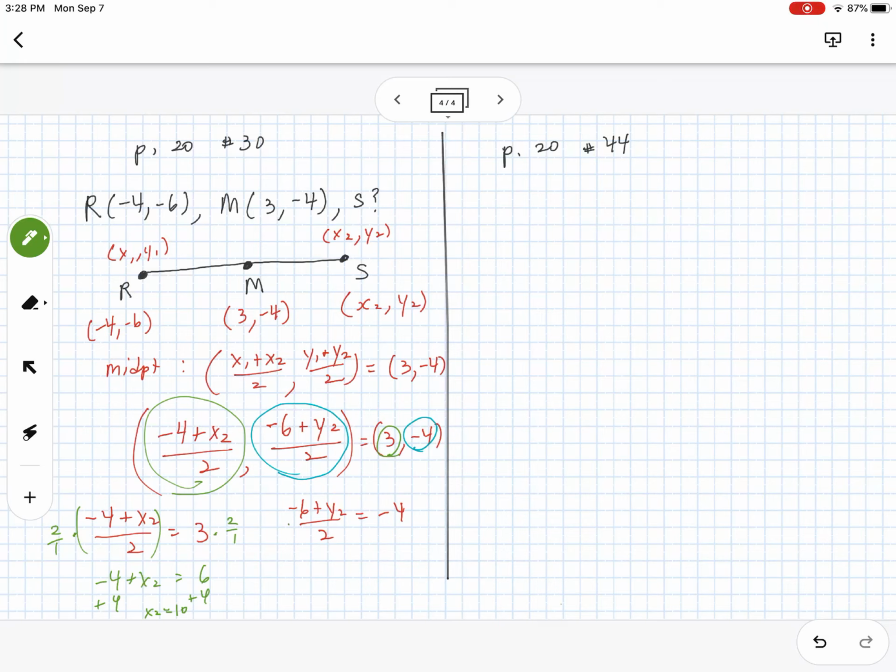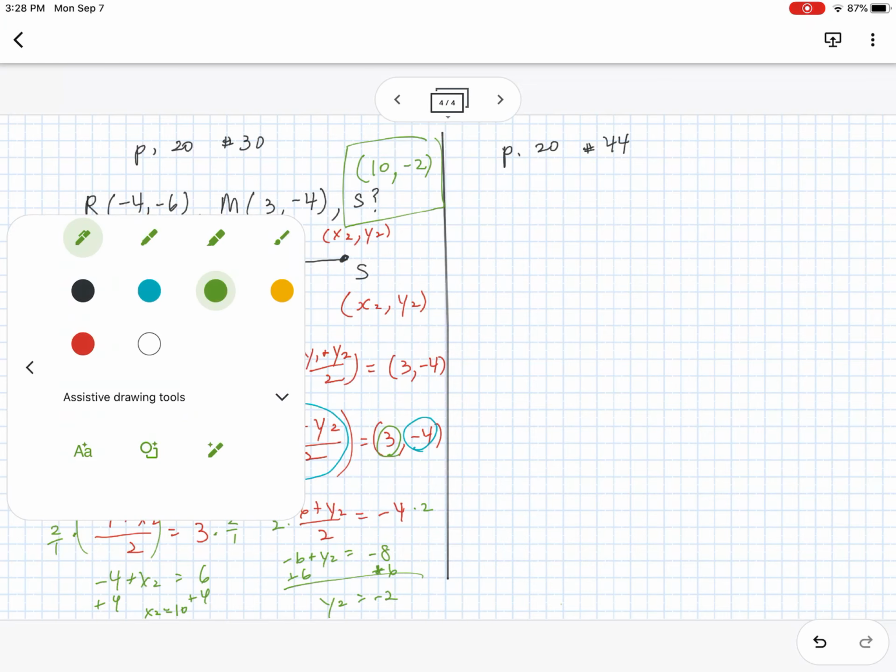And then same thing, multiply by 2. So negative 6 plus y2 equals negative 8. Add 6, and so y2 equals negative 2. Okay, so my x2 and y2 are 10 and negative 2. So my answer to this problem is 10, comma, negative 2.